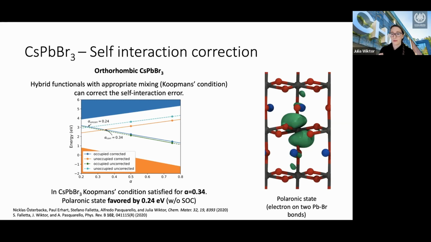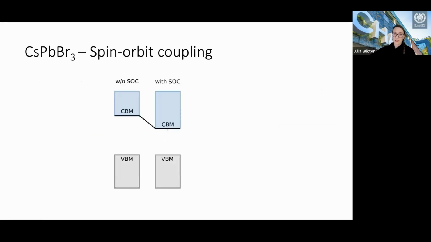But we have some other effects that are important and have to be taken into account in these calculations. The first one is spin-orbit coupling, a relativistic effect, which is very important for halide perovskites because we have these heavy metals that contribute to the conduction band minimum. Basically, this would be lead d states in this material, which with spin-orbit coupling split into a higher and a lower level.